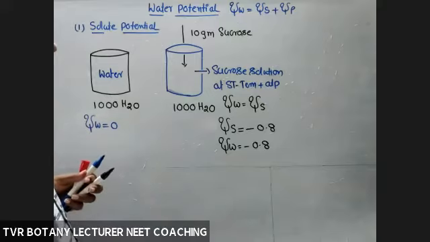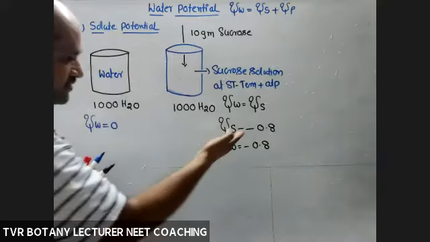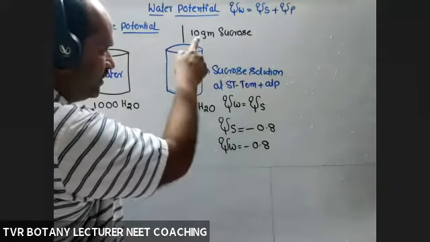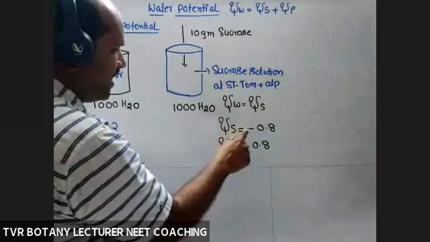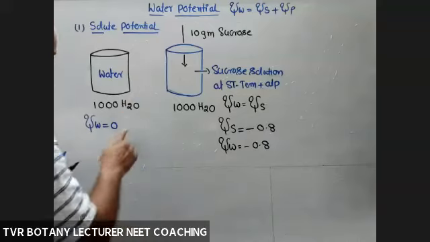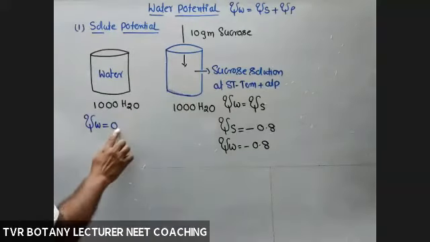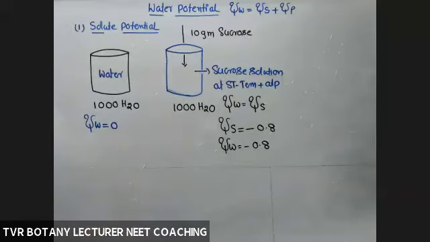Definitely, water potential is affected. For example, according to 10 grams of sucrose, we took the psi S value as minus 0.8. So what about the water potential value now? 0 to minus 0.8, right?